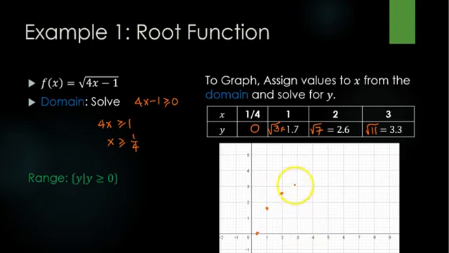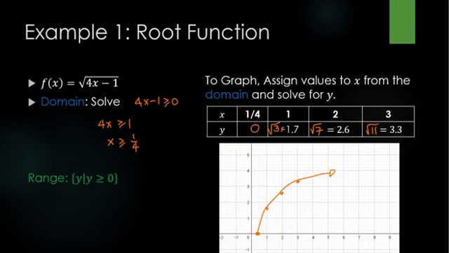Then we have 3 and 3.3. So here, a rough sketch, we have a parabola opening to the right. And you can see from the graph that our domain would be from 1/4 to positive infinity, and the range would start at 0 to positive infinity.